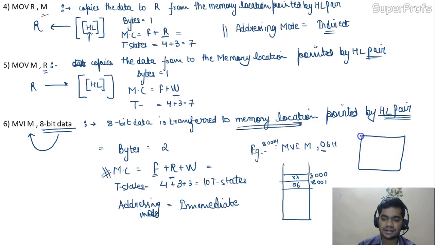Suppose in the microprocessor the HL pair is pointing at 9000H. So at 9000H this data is going to be transferred. Therefore the second machine cycle which we are using is a write operation.